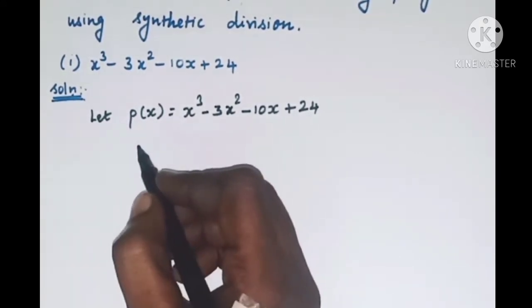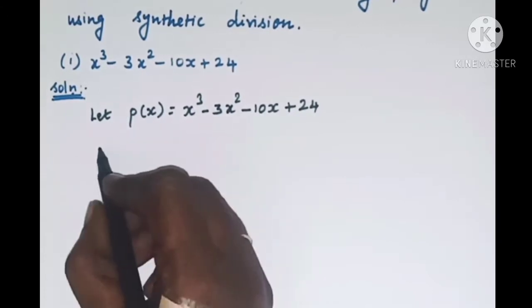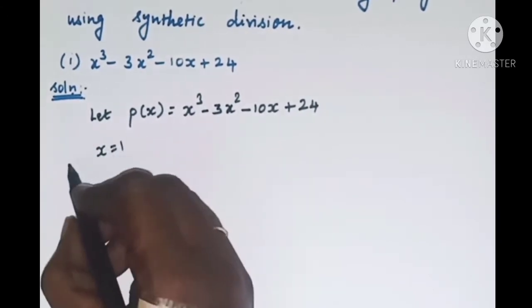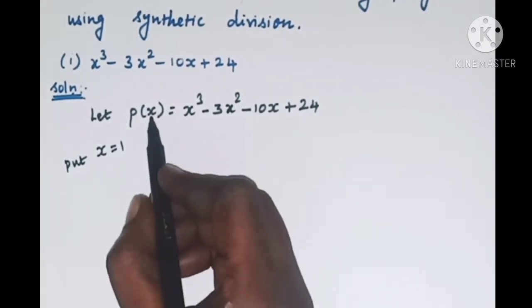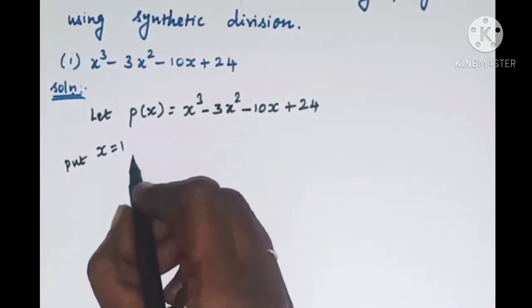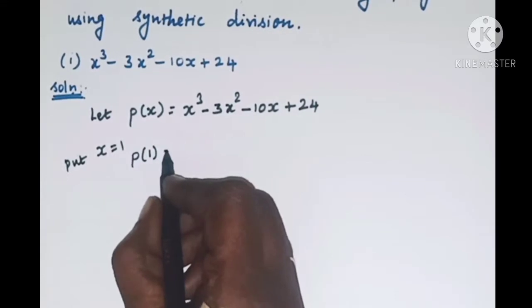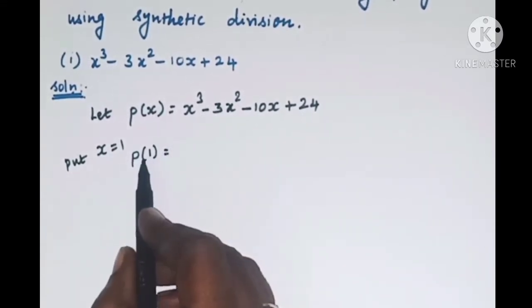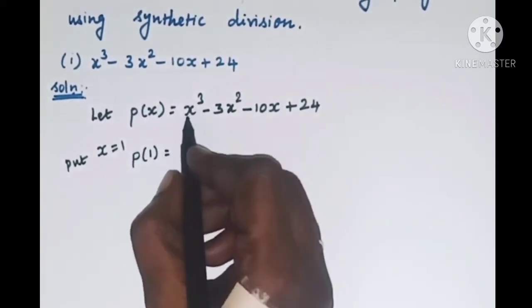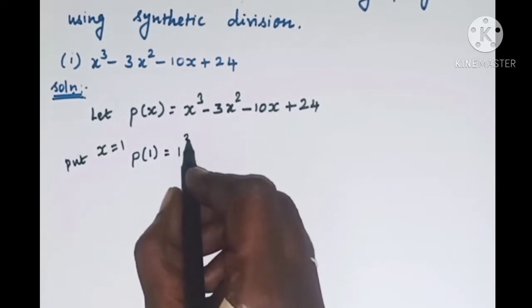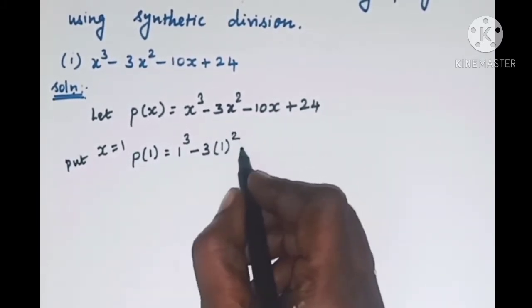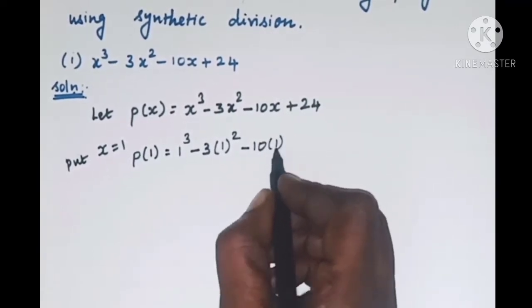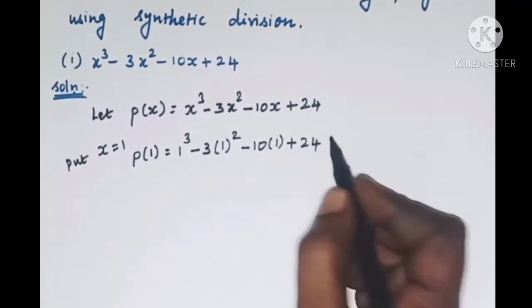For that, first we have to substitute x is equal to 1. Put x is equal to 1. In the place of x, we have to substitute the value 1. So 1 cube minus 3 into 1 square minus 10 into 1 plus 24.